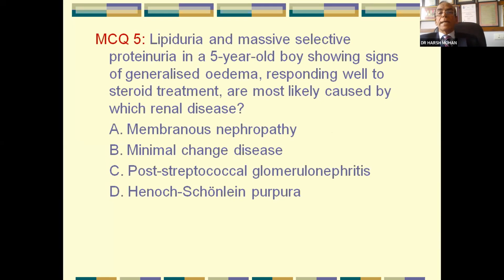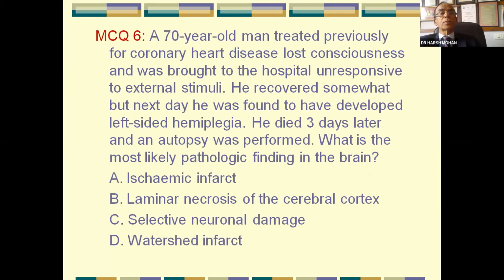Now, in this child, lipiduria, massive selective proteinuria, and this with generalized edema. Now, this fits into minimal change disease because the patient is responding to steroid treatment as well. Membranous nephropathy is also associated with nephrotic presentation, but that is not a common condition in children. So it's a child, and this child responded very well to steroids. So therefore, minimal change disease. So, a clinical scenario-based question with option 1.